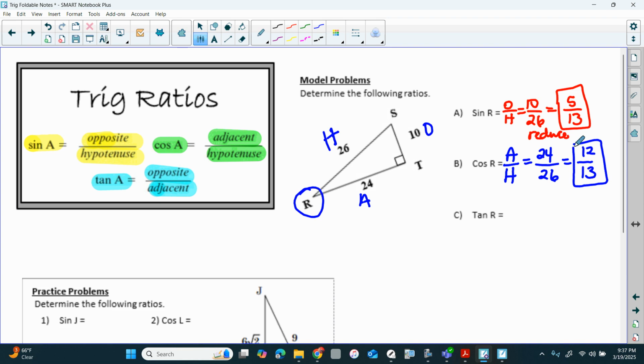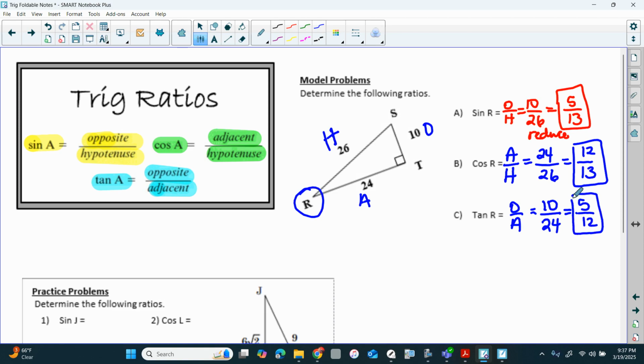We just cut it by half. And then tangent, the tangent ratio is the opposite side over the adjacent, O over A. The opposite again is the 10. The adjacent is the 24. Again, we're reducing this by dividing by 2. This would be 5 over 12.